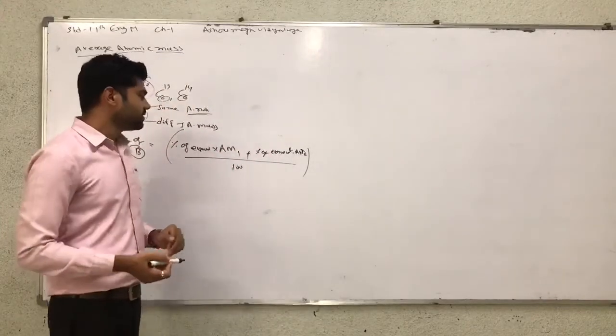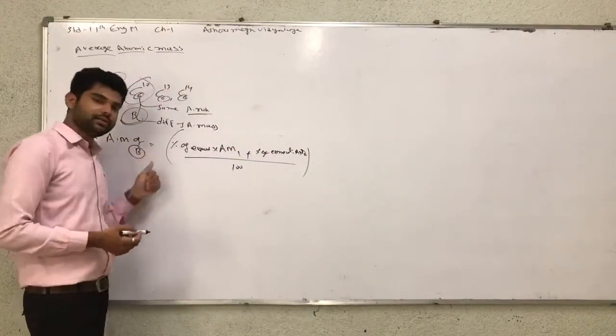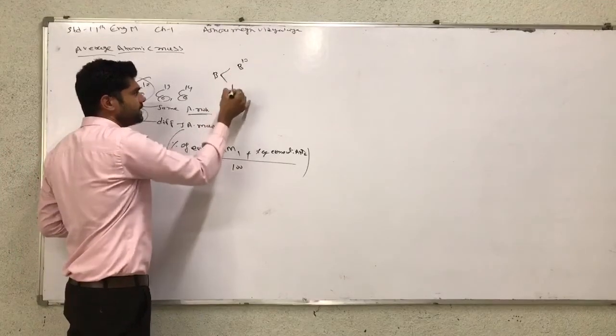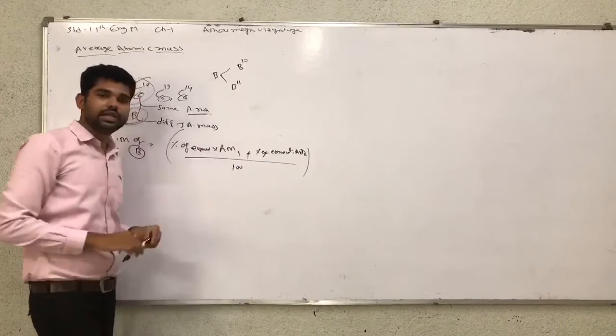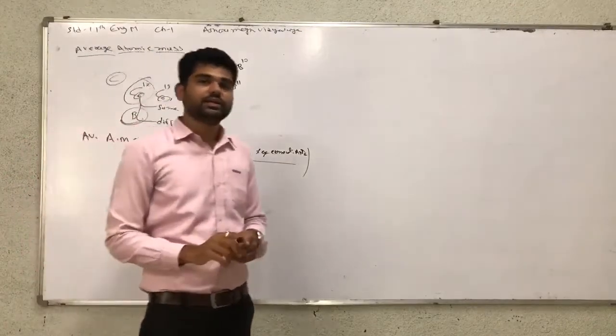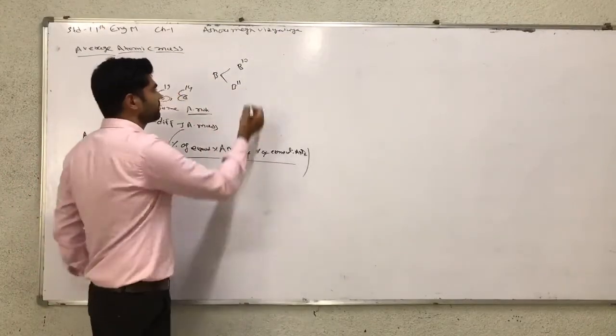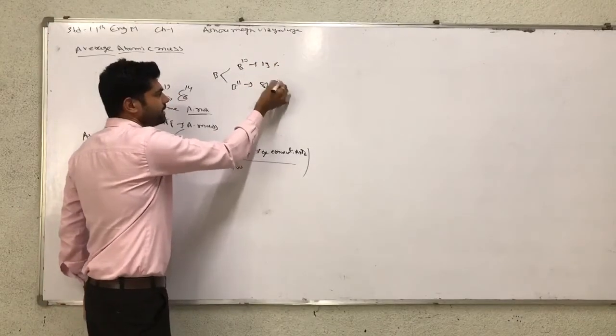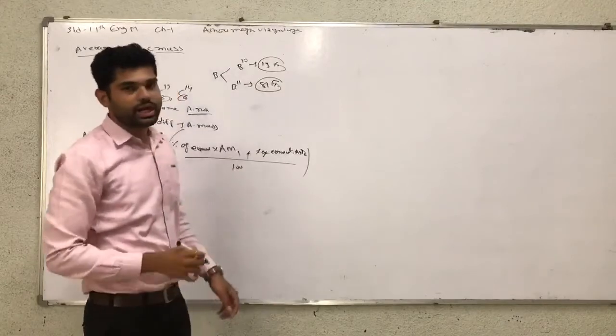Suppose boron has an isotope B10. Boron contains a total of 2 isotopes, one is B10 and another is B11. Now B10 is 90% in the atmosphere and B11 is 81% in the atmosphere.